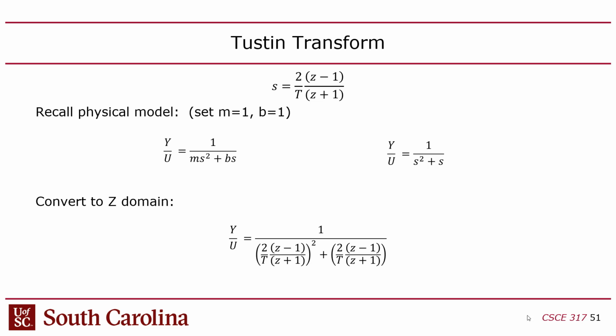Sorry, I set m and b both to 1, so I simplify it as 1 over s squared plus s. This is the coin, the dragging-the-coin system. Then I can convert this to the z domain by substituting in the Tustin transform for the s's in here, right? So that gives me this.